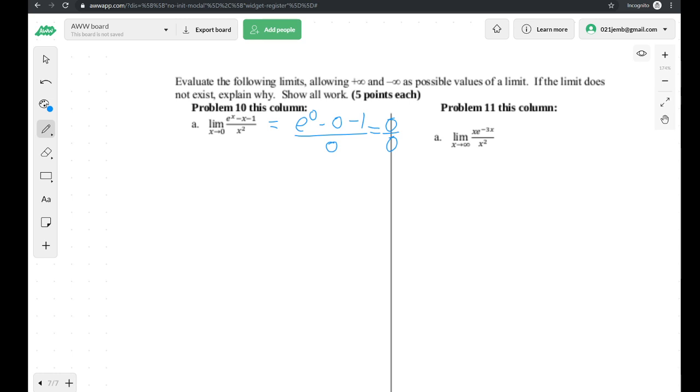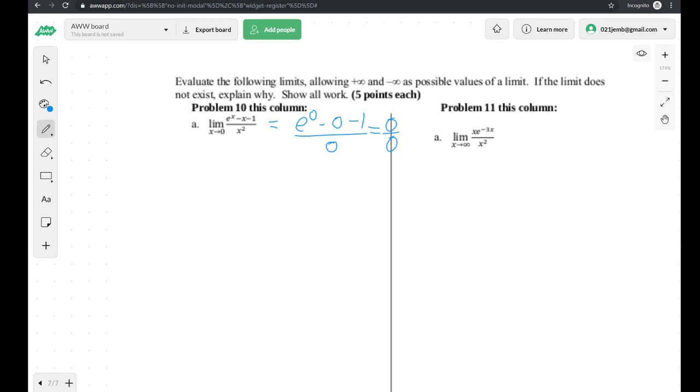So we can use L'Hopital's rule, since the functions are continuous on the open interval. If the top function is continuous for all values of x, and the bottom function is continuous for all values of x, then we can take the derivative of the top and the derivative of the bottom, and then find the limit of the ratio.